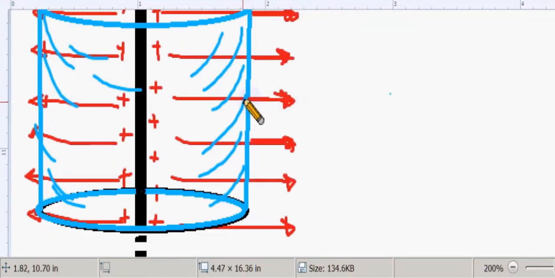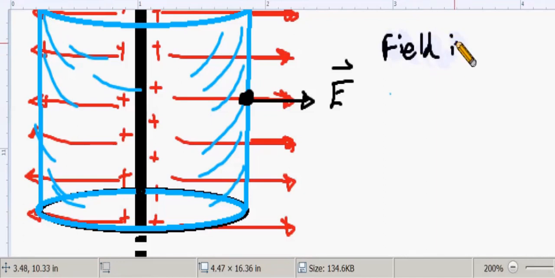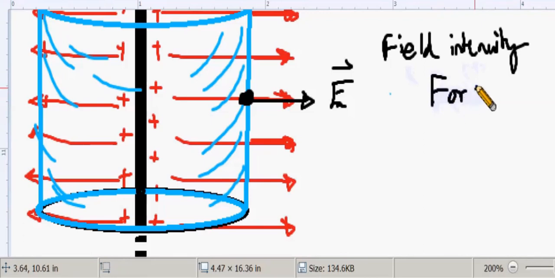We take a center point here on the surface. Suppose the vector is E, the field intensity. Field intensity is the force per unit charge.